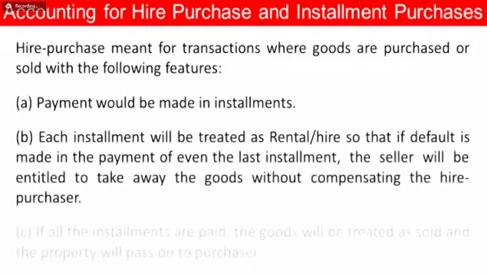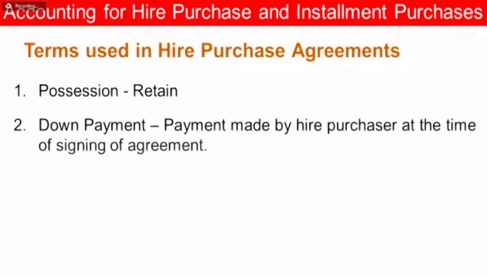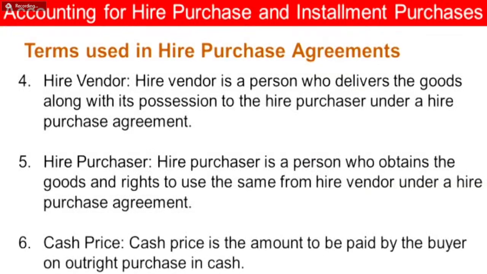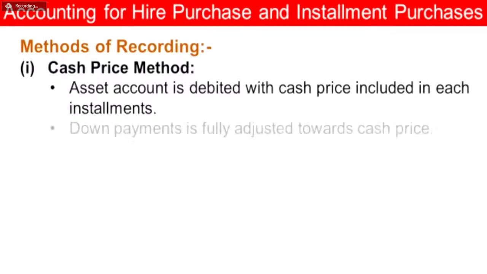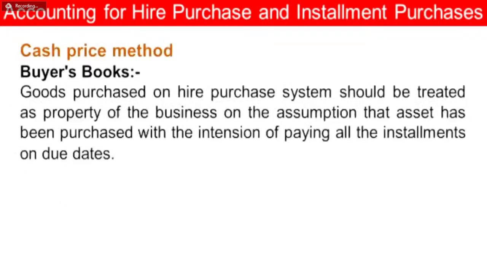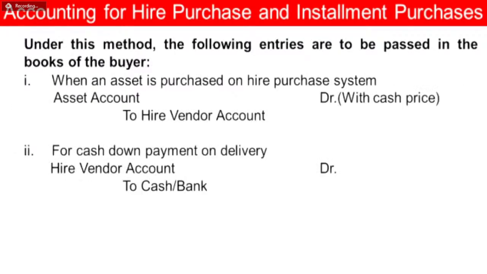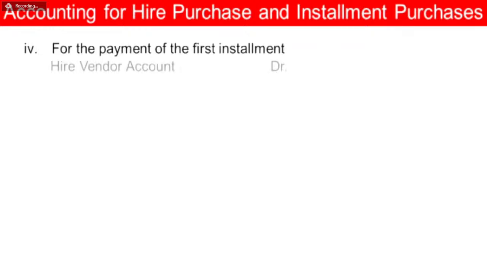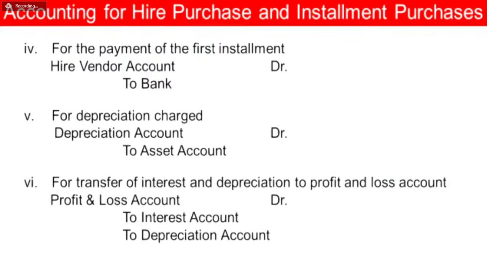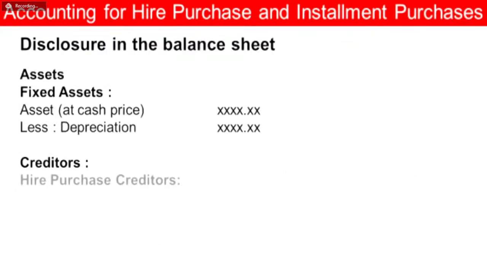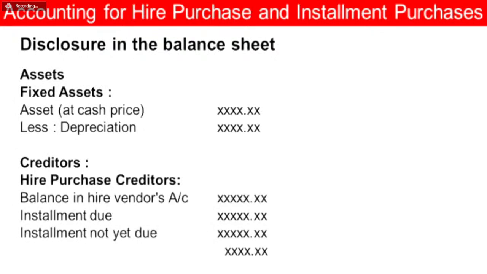In this, I would like to first give you an overview. In this chapter, first of all, we will cover the introduction, and then we will go for the terms which are used in a hire purchase agreement. Simultaneously, we will discuss the method of recording. After that, we will go for the journal entries we have to pass, and then the practical exposure, or how you will have to disclose it in the balance sheet.